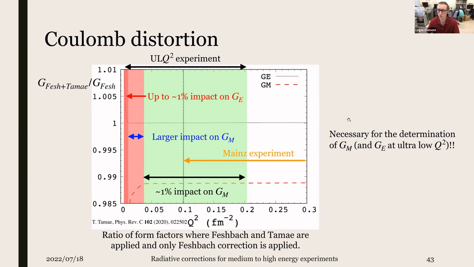So for the determination of the electric and magnetic form factors at ultra low Q squared, we need to use the Tamae correction. Of course, this correction could be interesting to use with Mainz data, but it is not interesting for the PRad experiment, as the angle is very, very small.